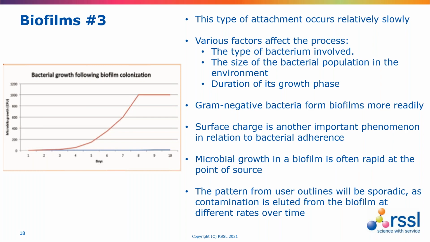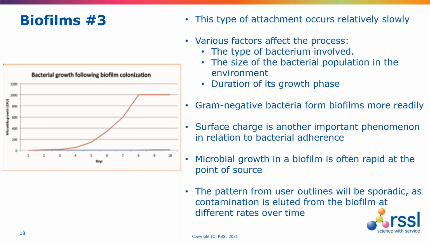The biofilm attachment happens relatively slowly, but once it becomes advanced, it becomes very, very difficult to remove. So we go through a phase of reversible attachment, which is the slow part, to irreversible attachment, which is when the community is more mature and it becomes more difficult to remove.